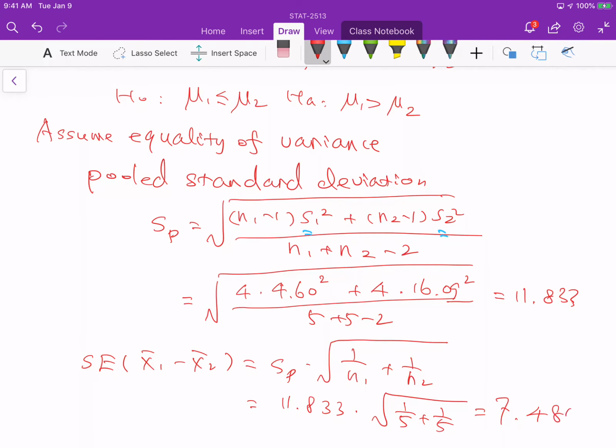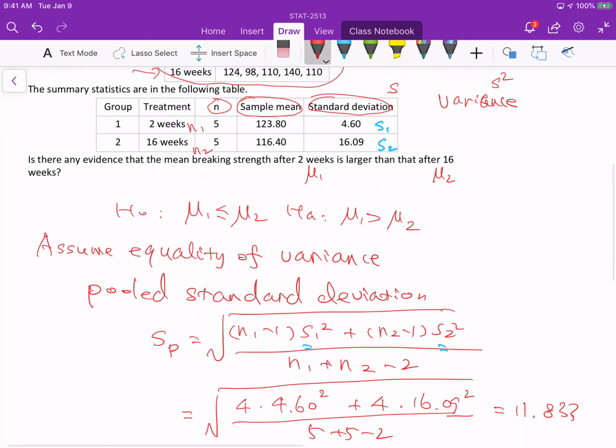The test statistic t0 is x1 bar minus x2 bar divided by the standard error of x1 bar minus x2 bar. These are just the sample means for the first and second sample.